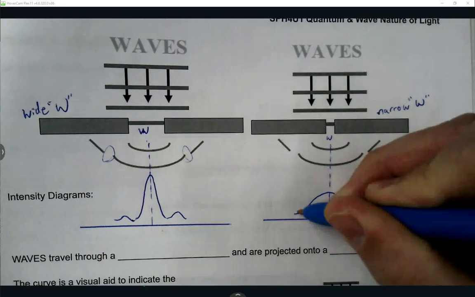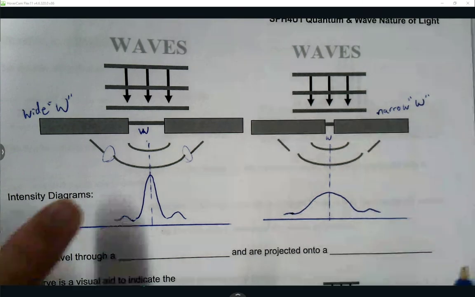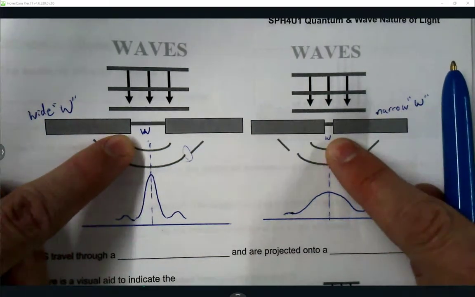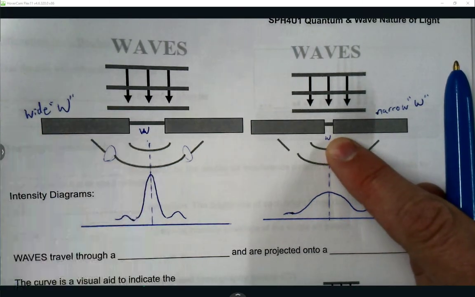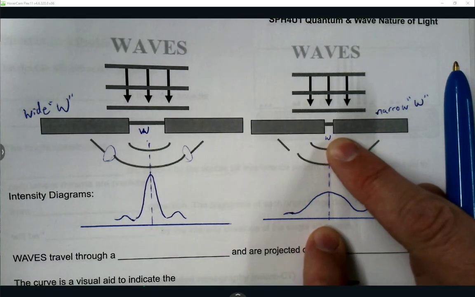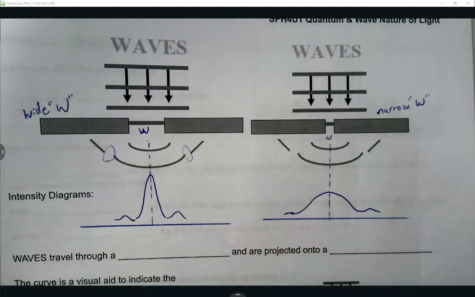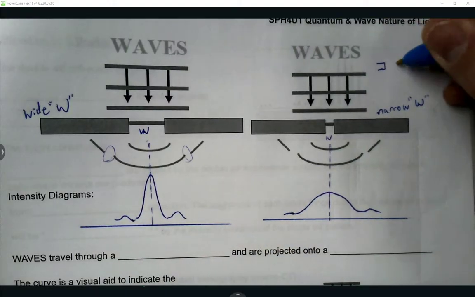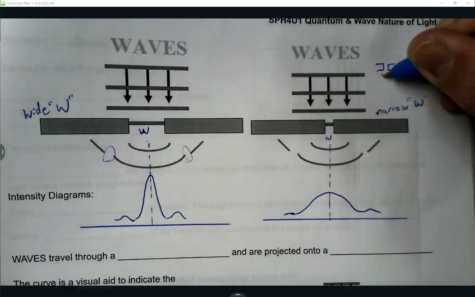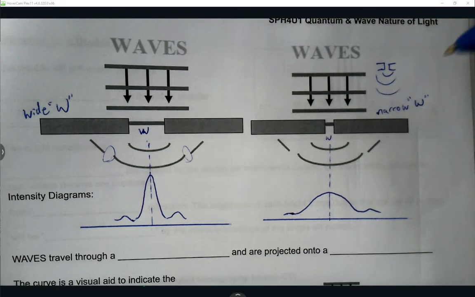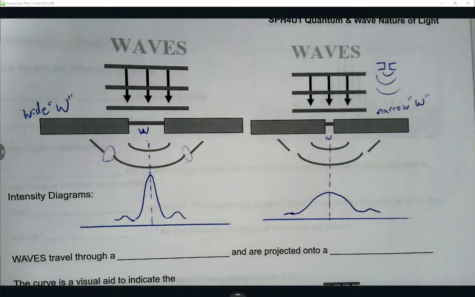And people say, okay, why dimmer? Well, isn't less energy getting through with the narrower gap? So dimmer, less pronounced. Why does it get wider? Remember what we said before, when you have a really narrow gap, the more rounded that diffraction ends up being. In other words, the more spread out it ends up being for a narrow gap, okay?